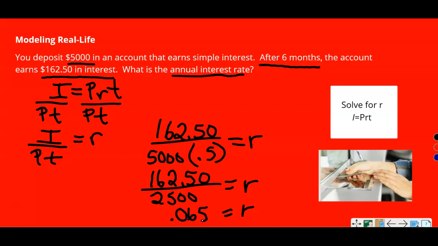Now, remember, you move it 2 decimal places to write it as a percent. So we can say the rate equals 6.5%. So the annual interest rate of this account is 6.5%.